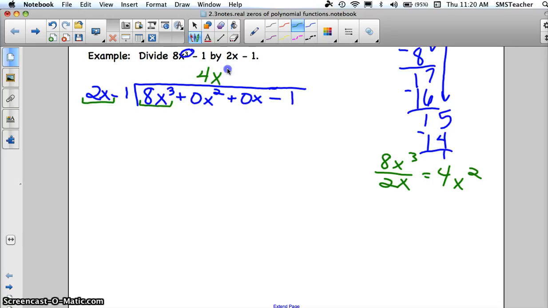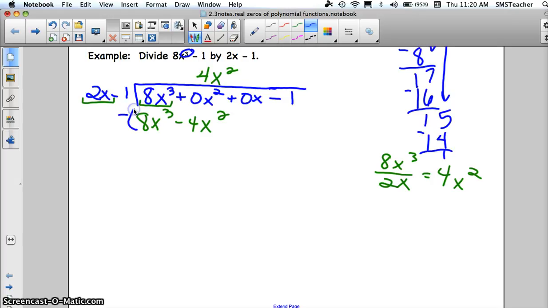So 4x squared. Remember, the second step of long division is to multiply. 4x squared times 2x is 8x cubed. 4x squared times -1 is minus 4x squared. Remember, the third step with long division is to subtract.